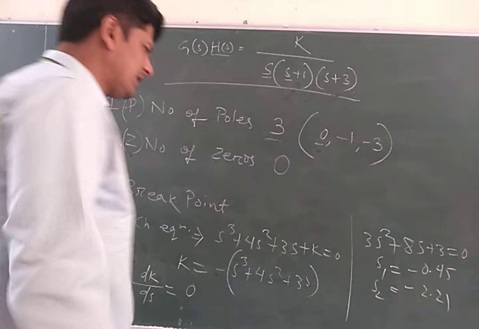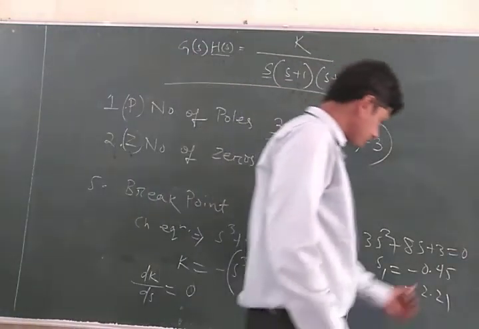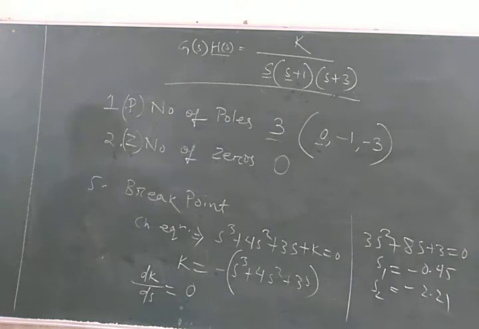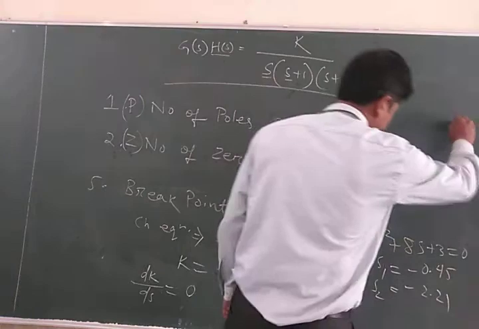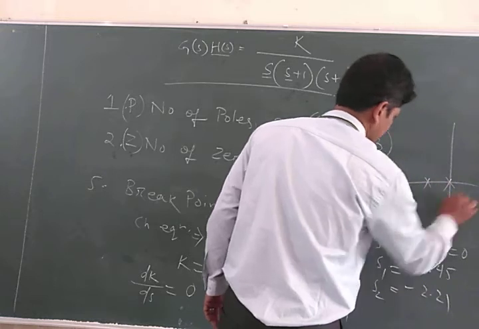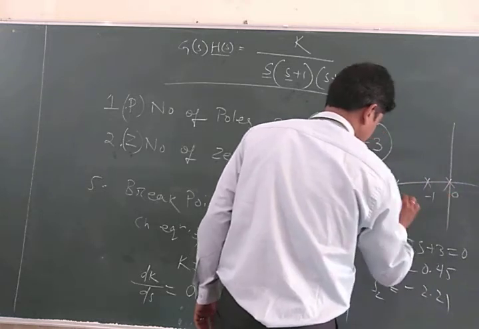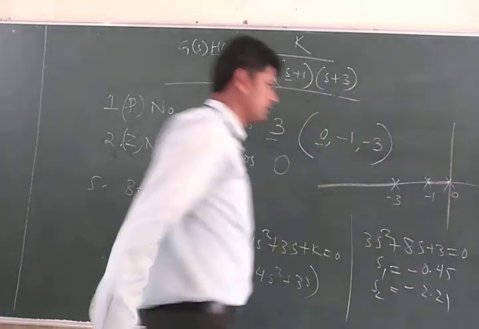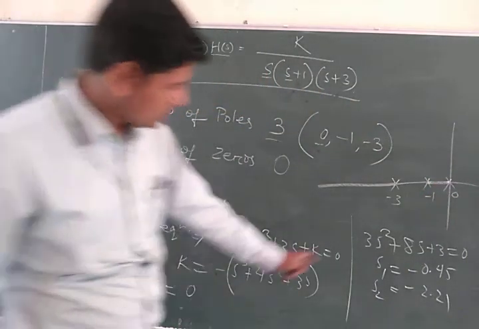Now we can verify that on the real axis, referring to the previous figure, with points 0, minus 1, minus 3, the root locus exists between these two points.